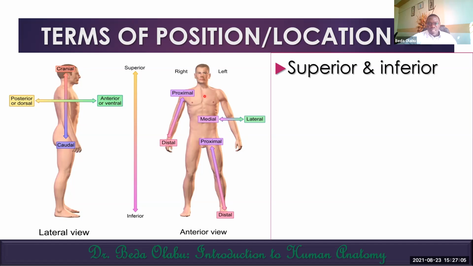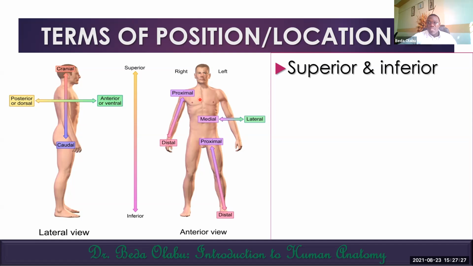I can still say that the thorax is inferior to the neck, but that the neck is superior to the thorax. Try to use other things, possibly the ones which are inside, to try to figure out the relationship.